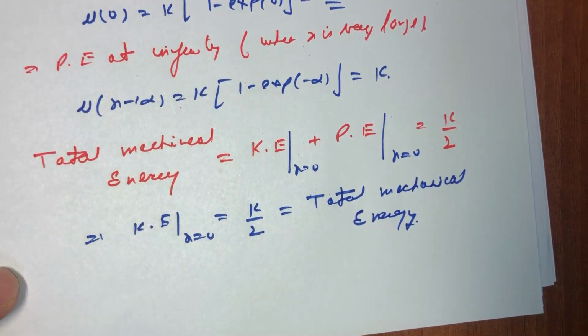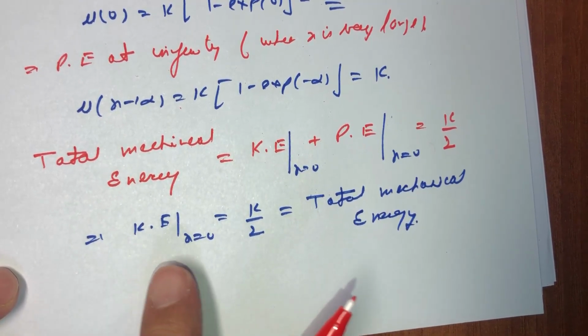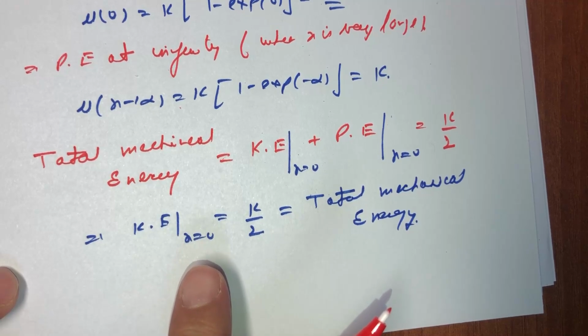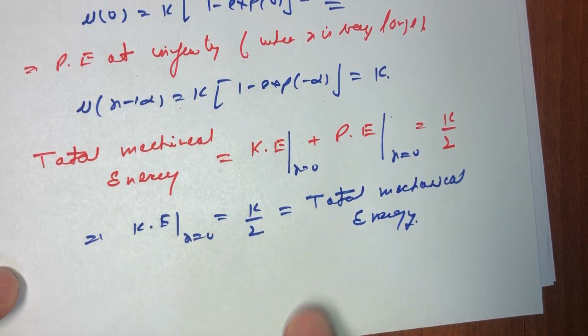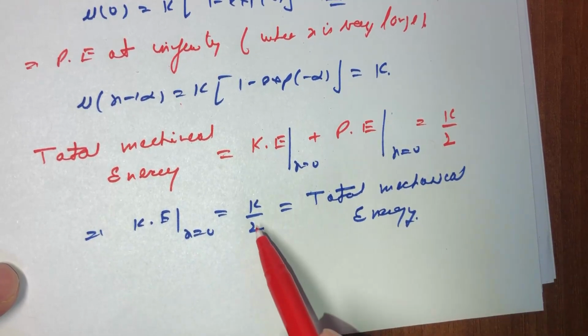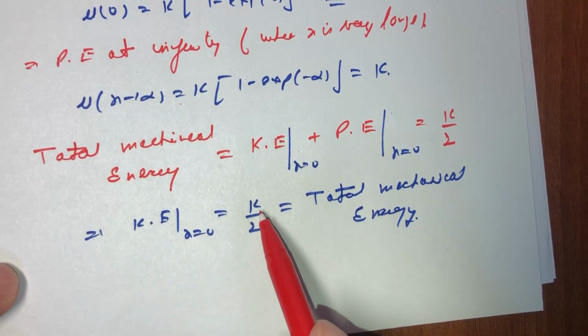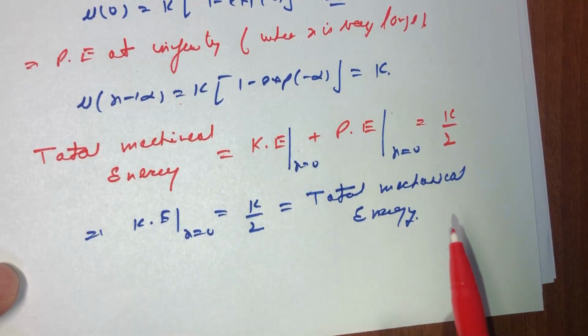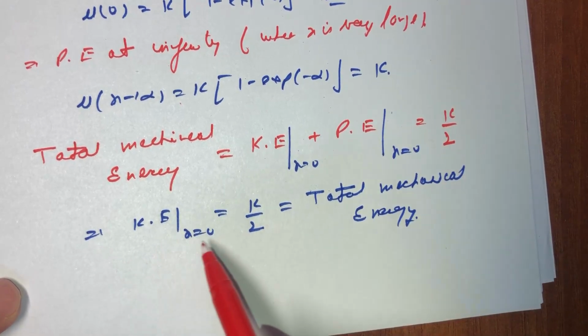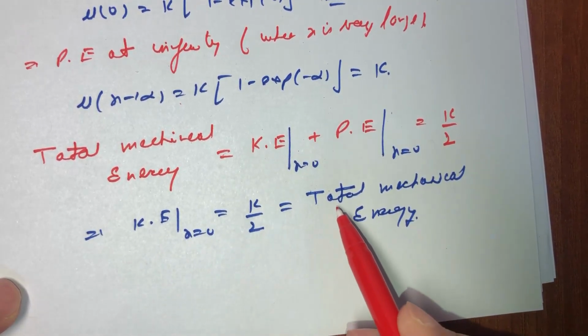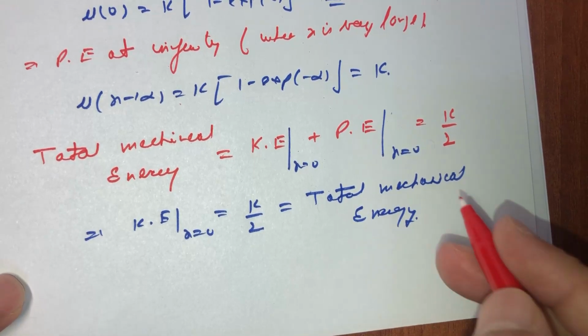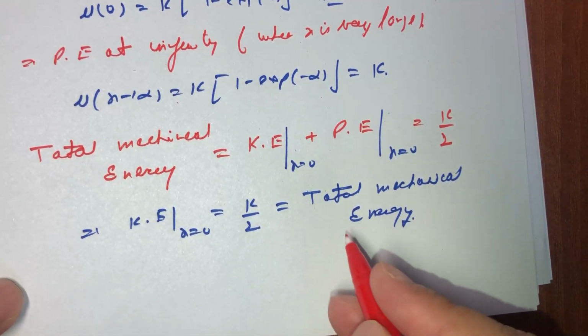From here we can conclude that the kinetic energy at the origin is maximum, not minimum. Because the energy cannot be greater than K by 2, and the kinetic energy at the origin is K by 2, that is the maximum value.